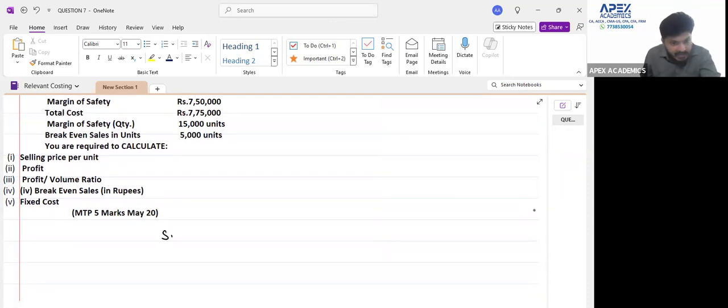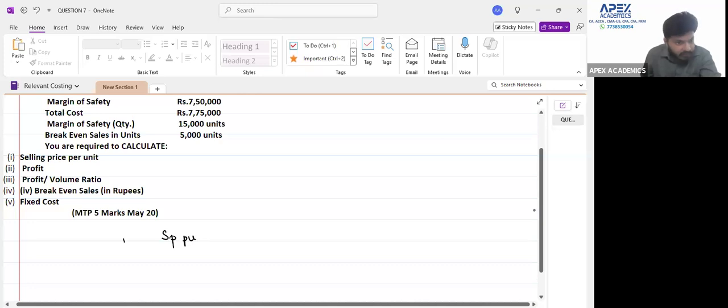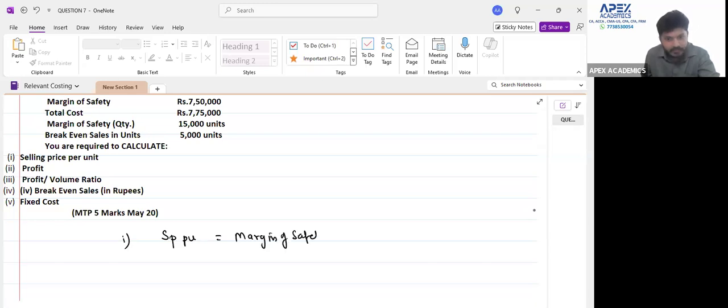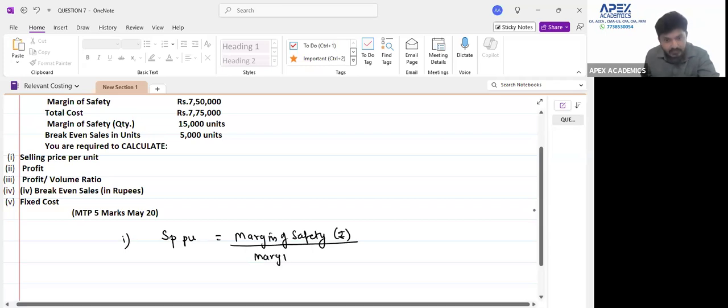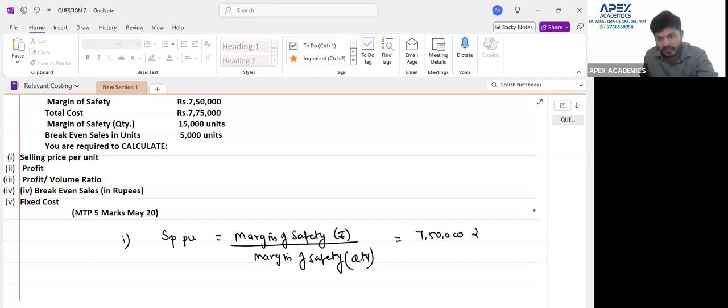Now selling price per unit for the first one is equal to margin of safety in rupee terms divided by margin of safety in quantity terms, which is equal to 7,50,000 rupees divided by the margin of safety units, which are 15,000.